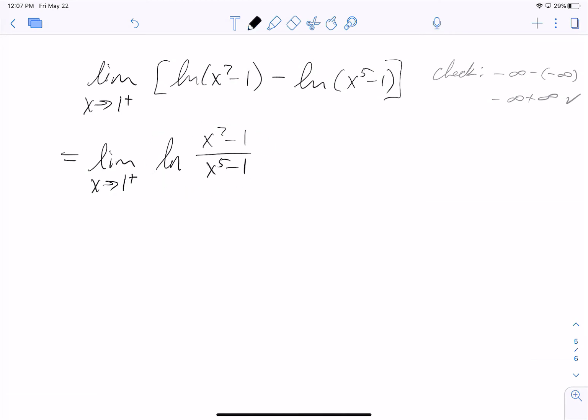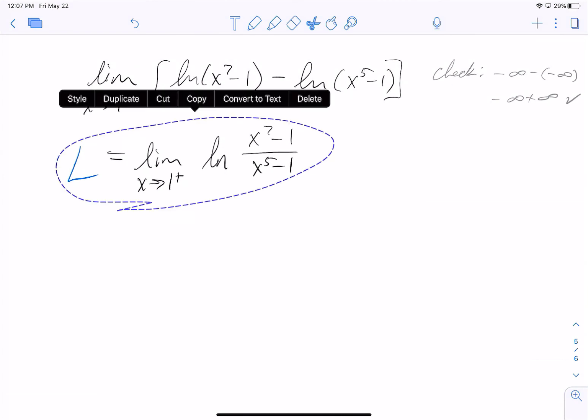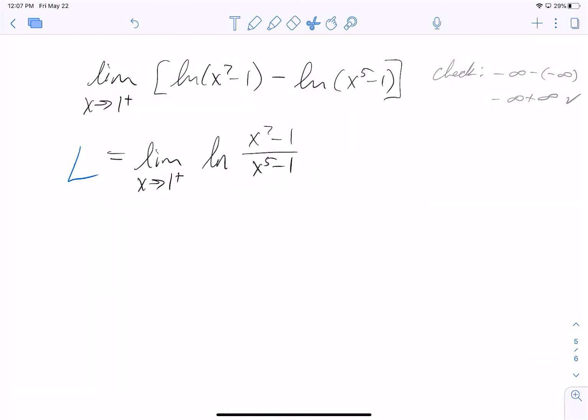So what we're going to do is invent an L equals. We're just going to set this limit equal to some number L. Let me move that over so I have a little bit of room there. And once I have that L is equal to a natural log, we can actually exponentiate both sides. So at this point, I'm going to make both sides the exponent on the base e. Now, a limit essentially passes through a continuous function, and an exponential function is continuous. On the left-hand side, we have e to the L, which we'll deal with later.